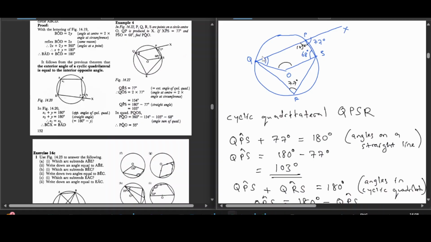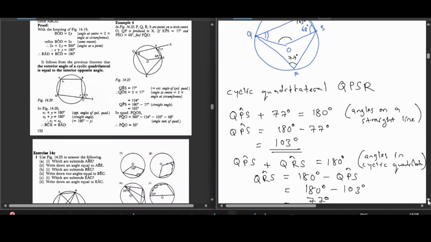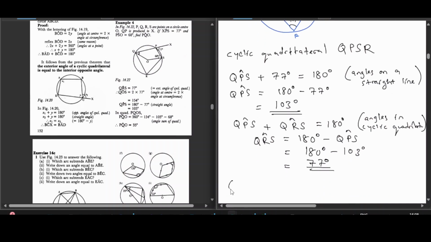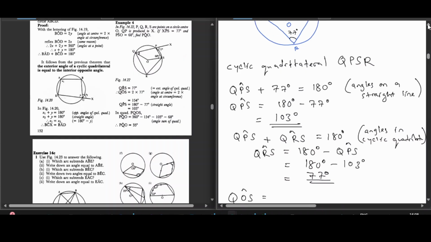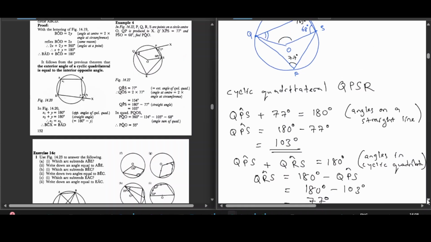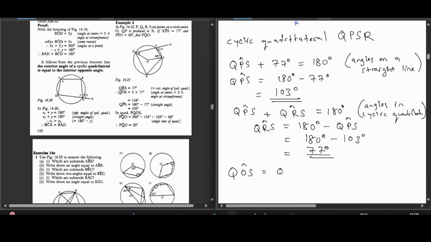angle at the center is twice the angle subtended on the circumference. So QOS will be equal to, let me write it in terms of angles, QRS times 2. And what is the reason?